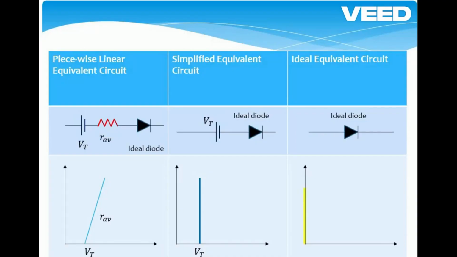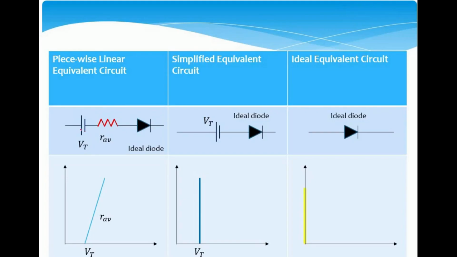Summarizing the lecture, here we have three kinds of equivalent circuits: piecewise, simplified and ideal one. In piecewise, we have a resistance RAV indicating that the component diode has some resistance. So when it has some resistance, we just take the average resistance, and we put the equivalent resistor over here in the circuit.